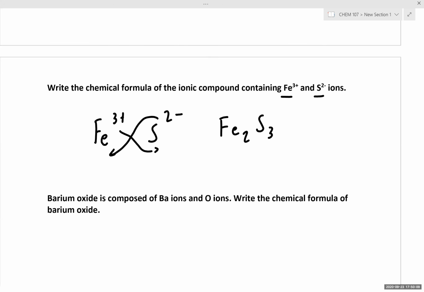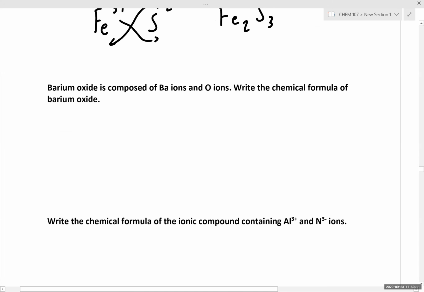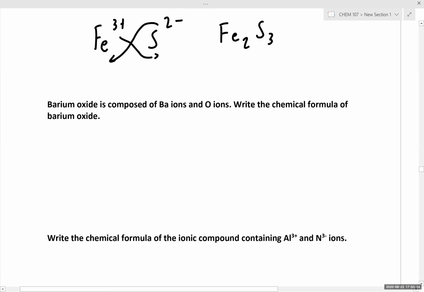So let's try, and I'd like you to work on this next example where it's asking barium oxide is composed of barium and oxygen ions, and I'd like you to write the chemical formula of barium oxide. And there's one other rule that comes into play for these types of formulas, which is that the ratio of atoms should be the simplest whole number ratio.